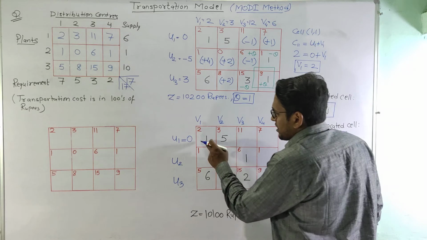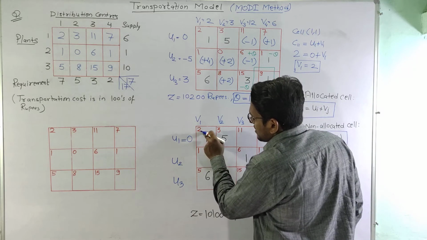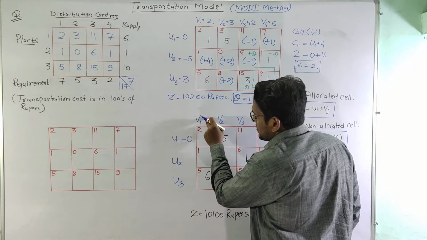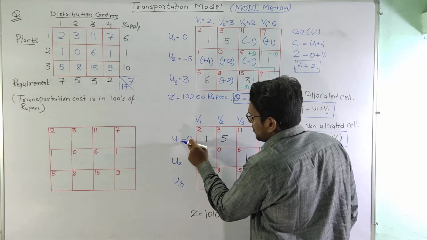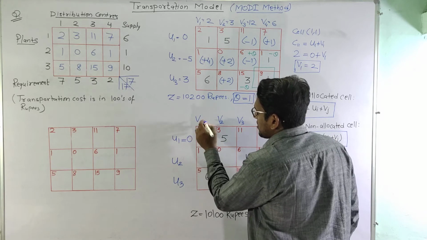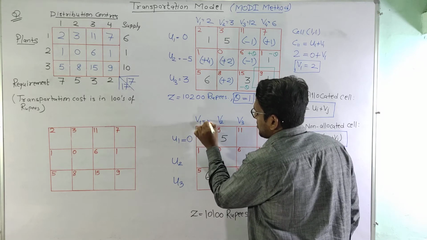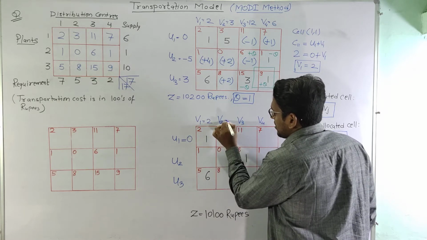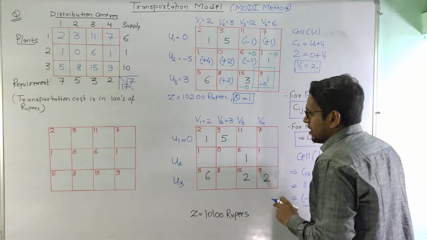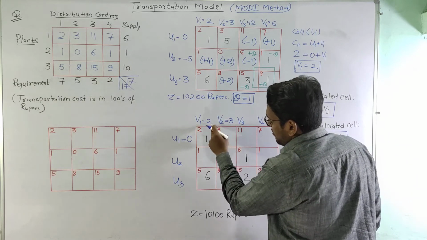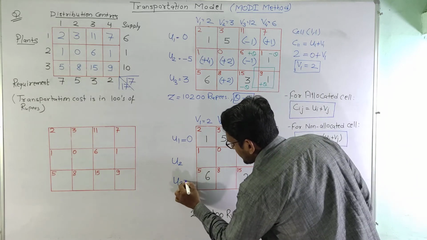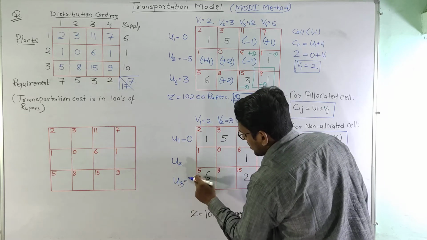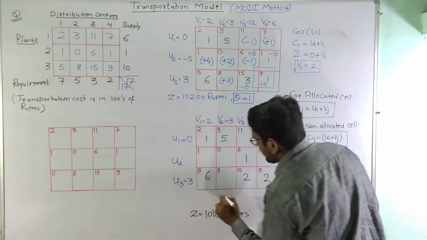So for an allocated cell Cij is equal to ui plus vj. So 0 plus what is equal to 2? So this will become 2. Similarly here 0 plus what is equal to 3? This will be 3. And once we find v1, we can find u3. That means 2 plus what is equal to 5? So this will be 3.